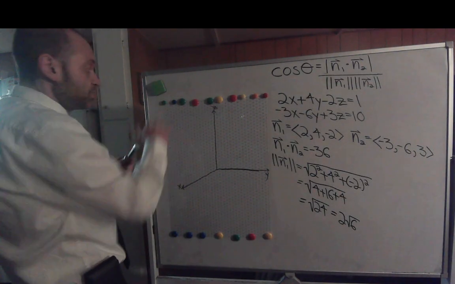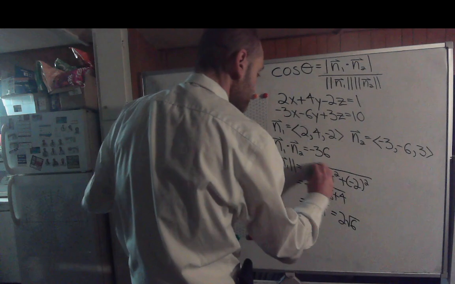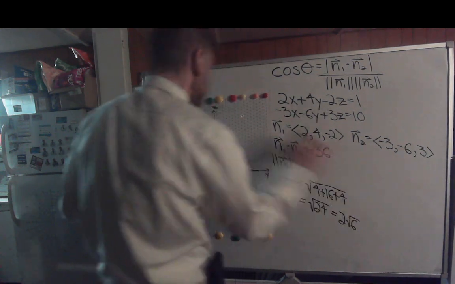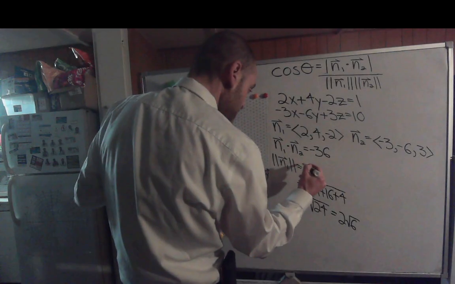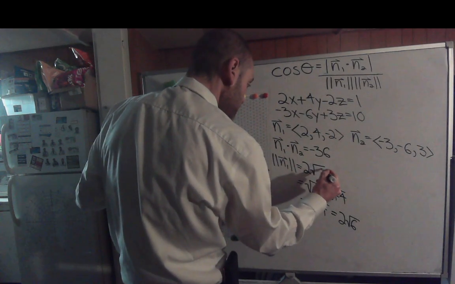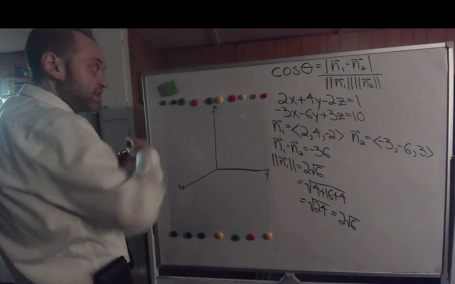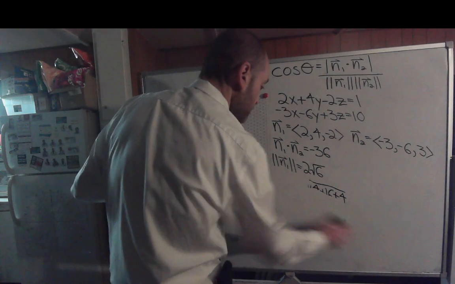So the magnitude of that first normal vector is 2 times the square root of 6. Let me write that up here. And then we'll go on to find the magnitude of the second normal vector.